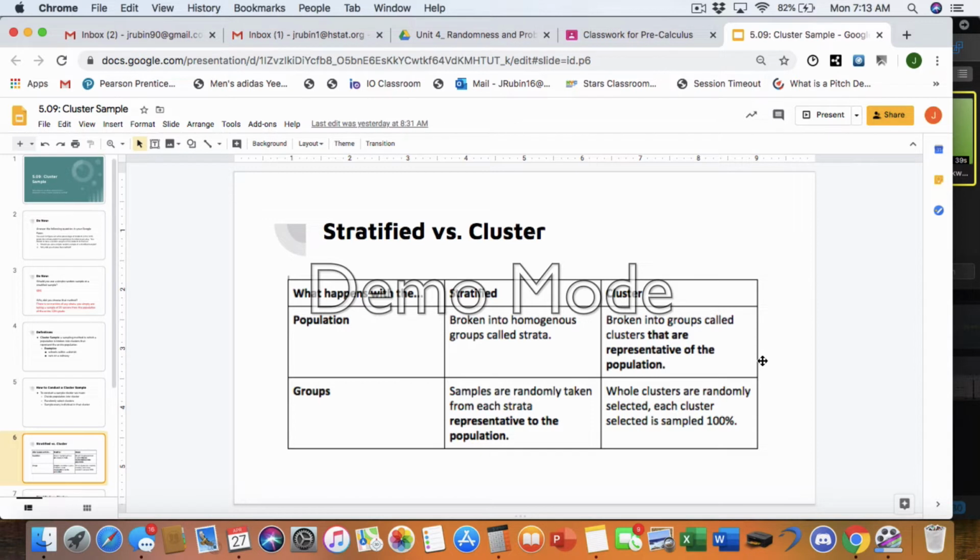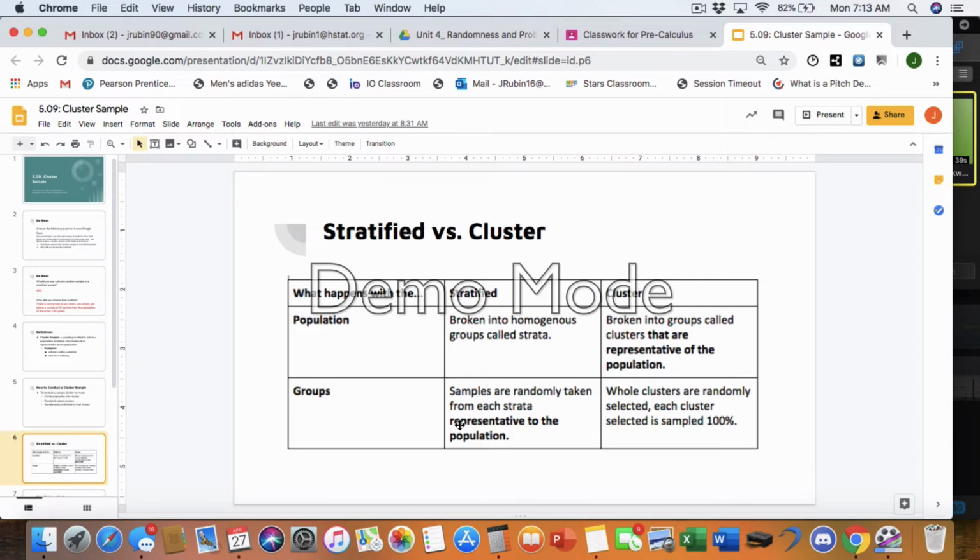With the cluster, the groups are being broken into representative groups. So in this case, the cluster may be the one school. Say there's 10 schools in the district. That's your 10 clusters right there. Now, what happens? Well, in stratified we take random samples from each strata, representative of the population.